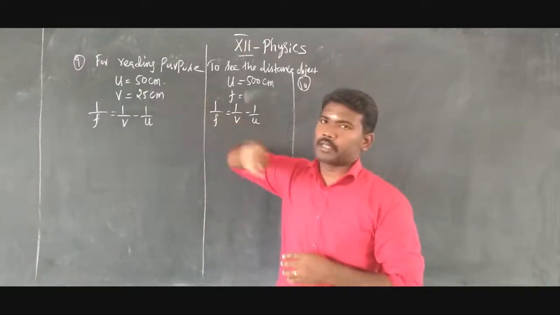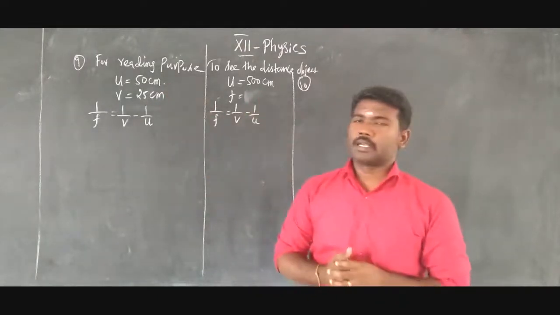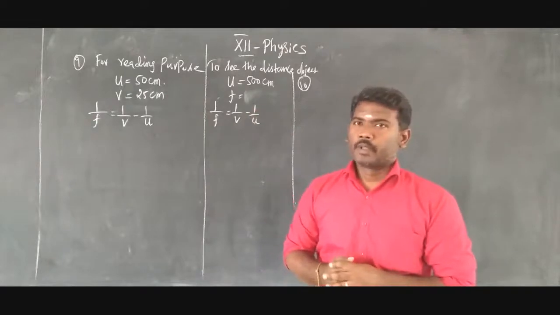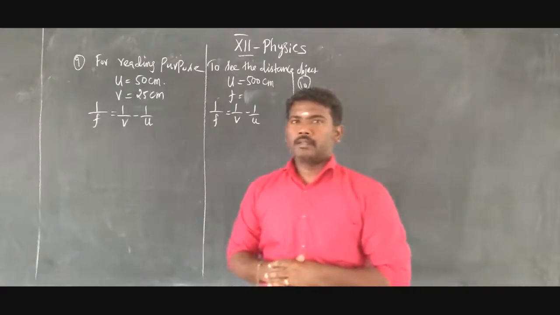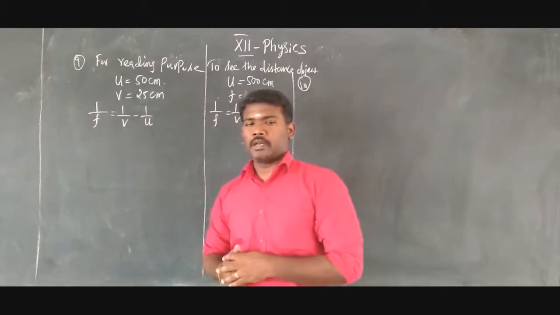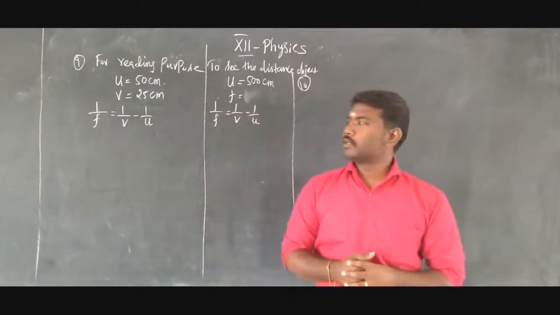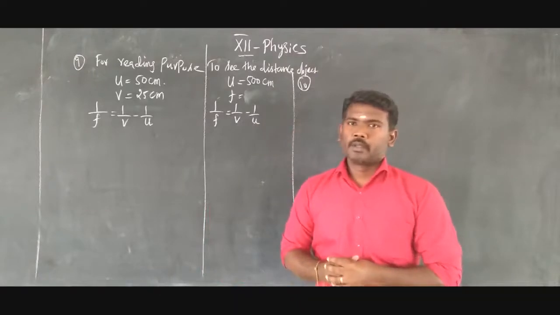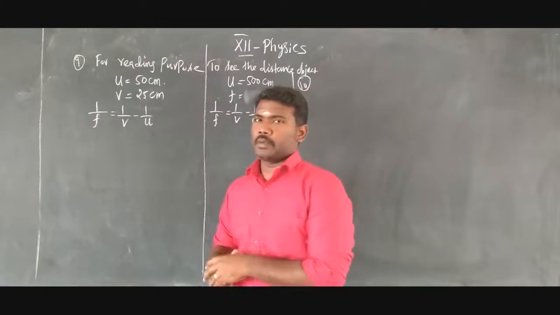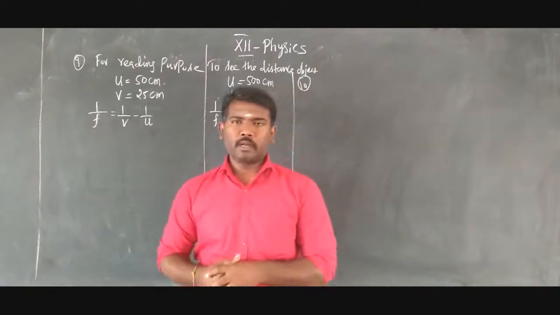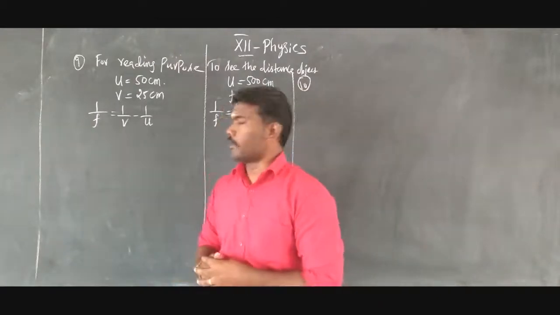Near point is 50 centimeter and the far point is 500 centimeter. So first of all, we are going to calculate the focal length, because in this 9th question, they are asking to calculate the power. So power and focal length are inversely proportional to each other. So if you want the power of the given lens, first of all we need the value of focal length.